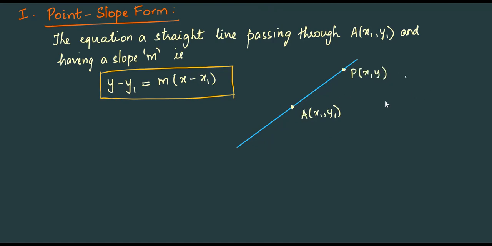So P (x, y) is any variable point on the straight line.